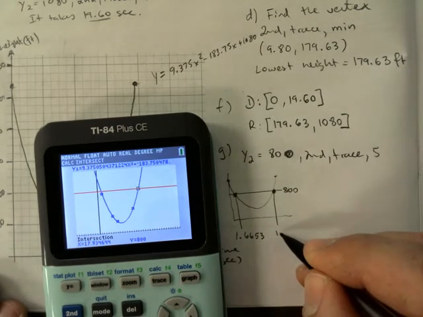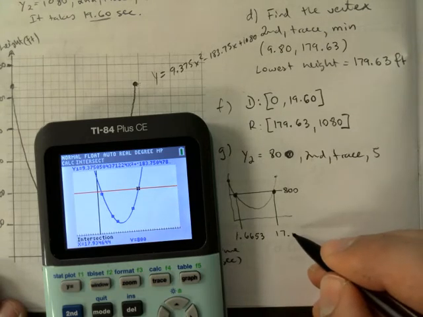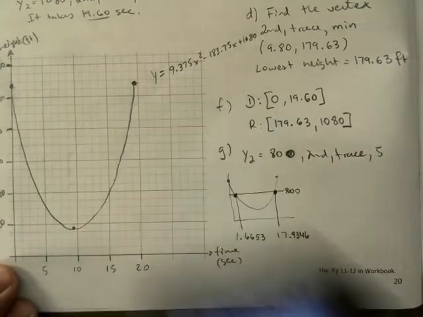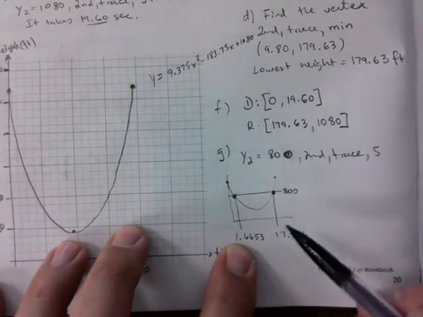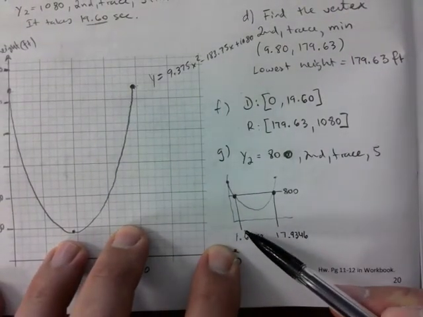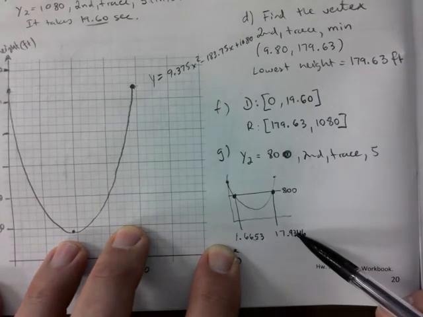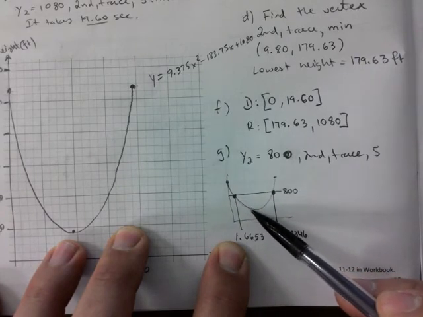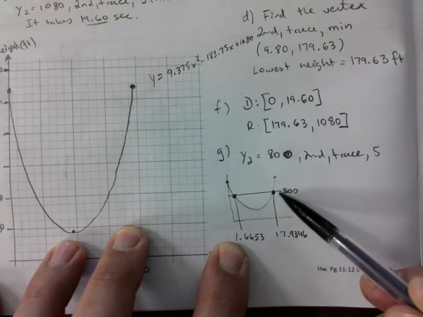That's 17.9346. And now it's getting pretty crowded there. Careful here. If we subtract these two, what are we going to find? If we subtract these two, you're actually going to find the time that elapsed where this thing was below 800 feet.